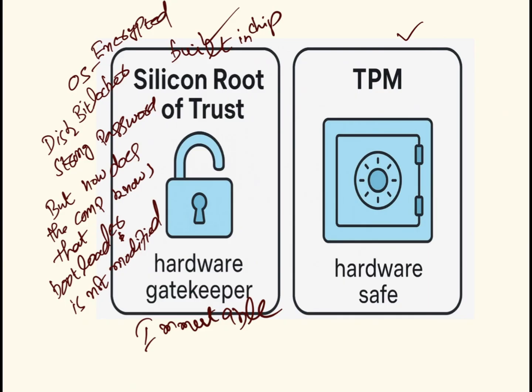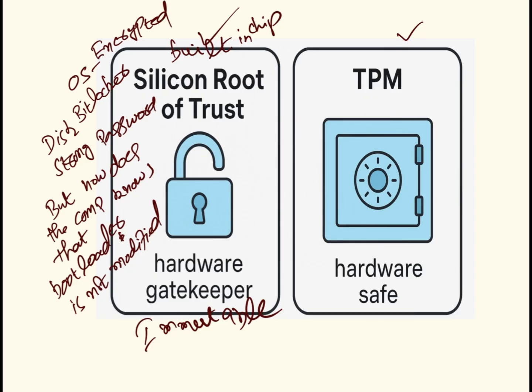Then verification: it compares measured values against known good values, signed certificates, and manufacturer trust anchors. If there is a mismatch, it stops the boot process. Then enforcement: it decides whether boot continues or halts. If there is something wrong with integrity, with hashing, then boot halts. If everything is okay, then boot continues.